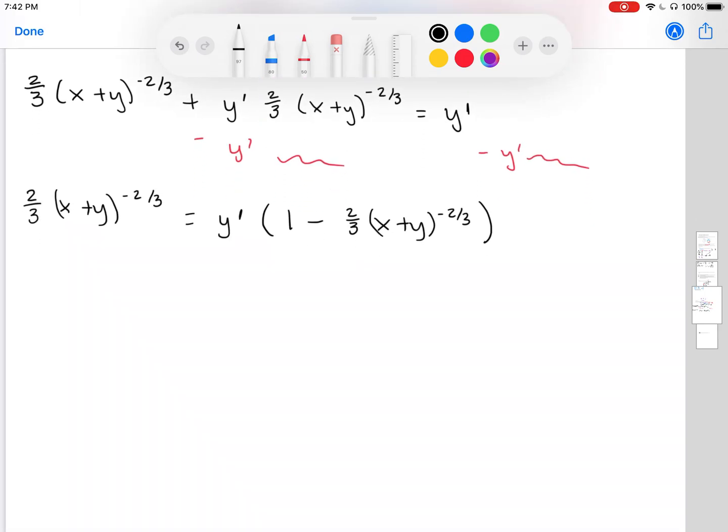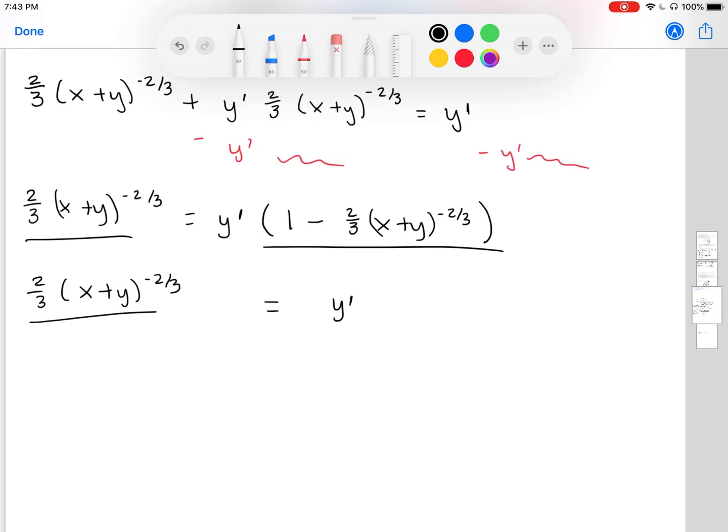To get y prime by itself, let's divide both sides by the same thing, so that y prime is equal to 1/3 (x plus y) to the negative 2/3 power divided by 1 minus 1/3 (x plus y) to the negative 2/3 power.